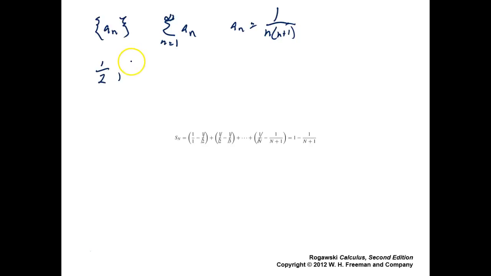The second one in that sequence would be 1/6, wasn't it? 1/12. 1 times 2, 2 times 3, 3 times 4, 1/20, yeah. 1 over 30, right? Yeah. And 6 times 7, 42. That's the sequence, okay?